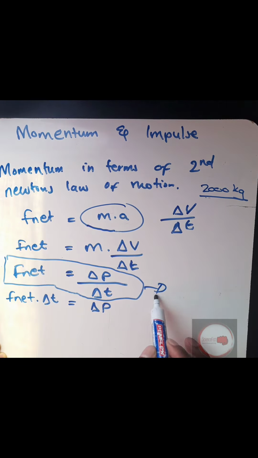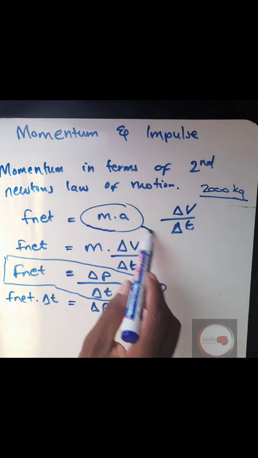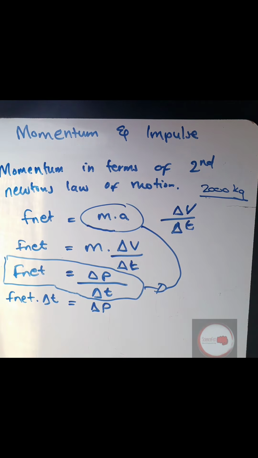This equation is literally the same as that. We just wrote it in terms of momentum, in terms of change in momentum. We will realize that change in momentum is actually equal to impulse, but I'm going to explain that now.